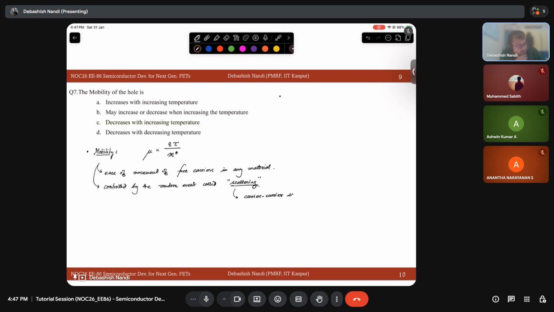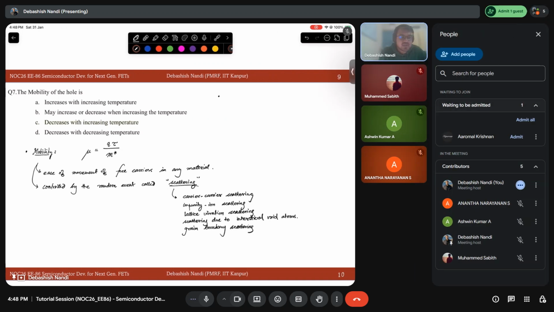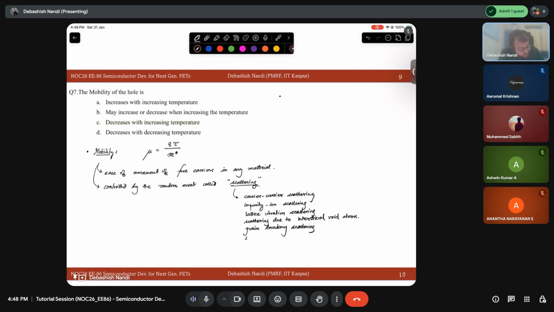Carrier scattering, impurity ion scattering, then you will have lattice vibration scattering, then you will have scattering due to interstitial void atoms, then you can have grain boundary scattering, and another important thing, in case of MOSFET, is your surface roughness scattering. Okay, fine.